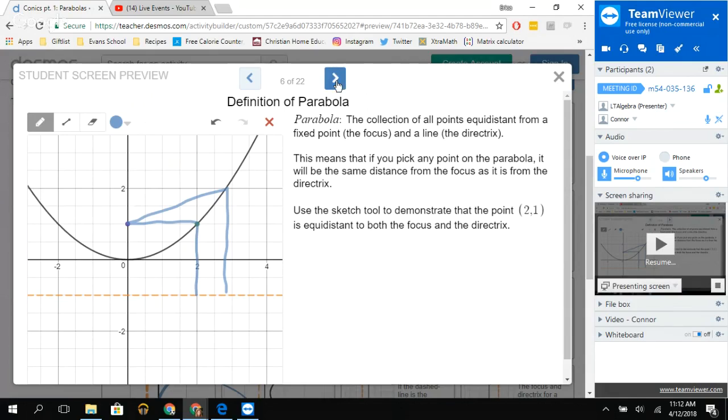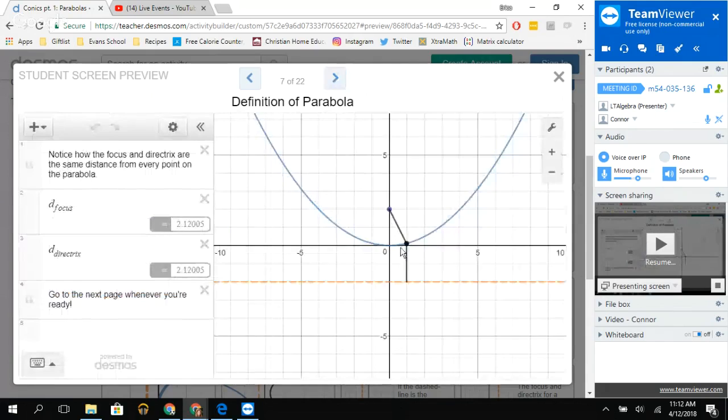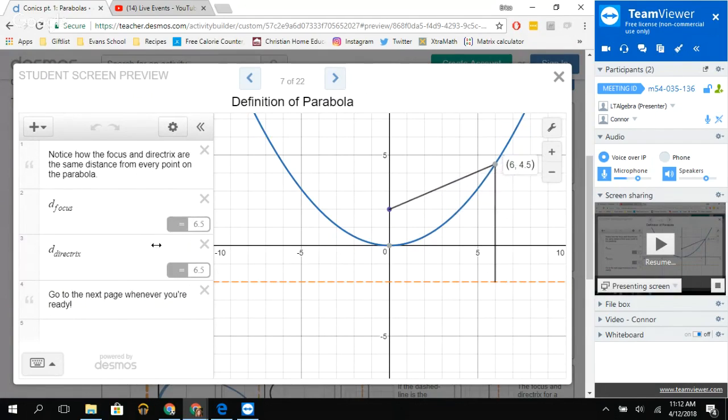And then this next slide actually calculates it for you. Let's see if I can slow it down. No, it won't let me stop. What it's showing you is that they have calculated a formula for the distance from the focus to the parabola, and the distance from the directrix to the parabola.